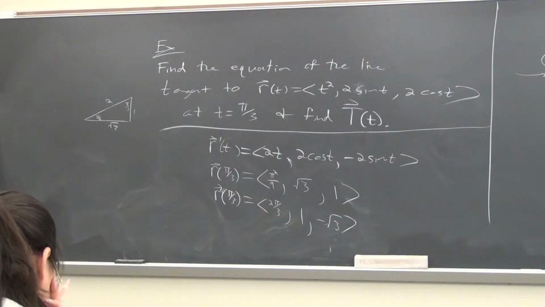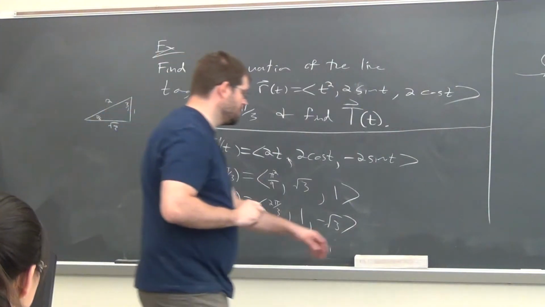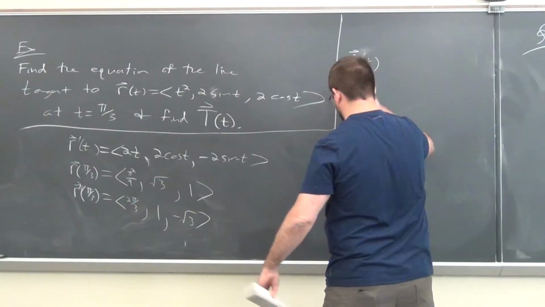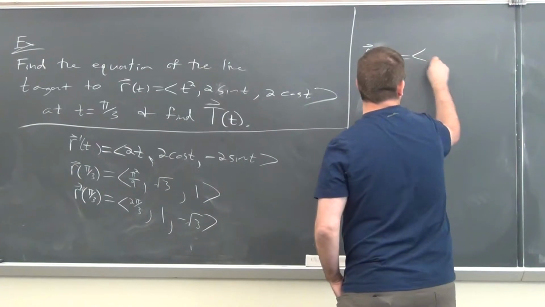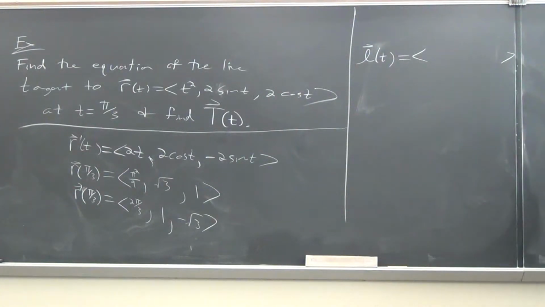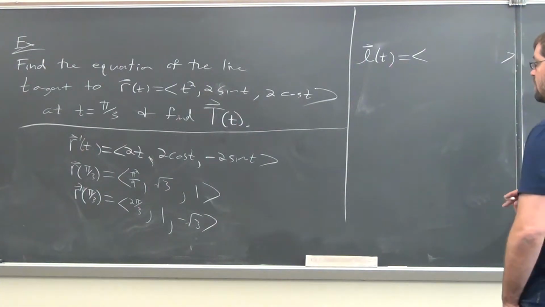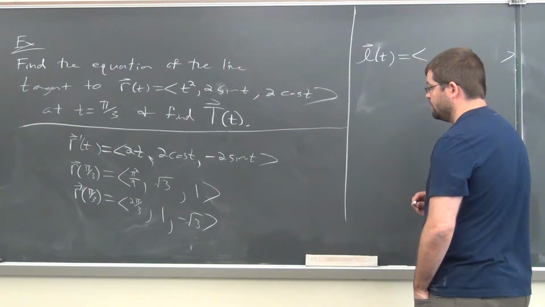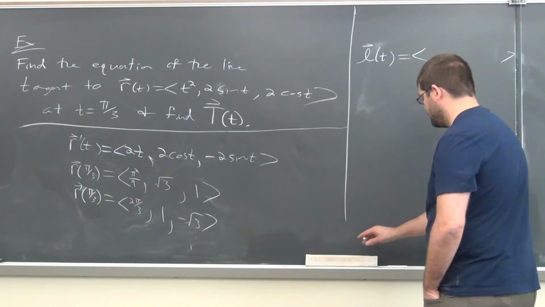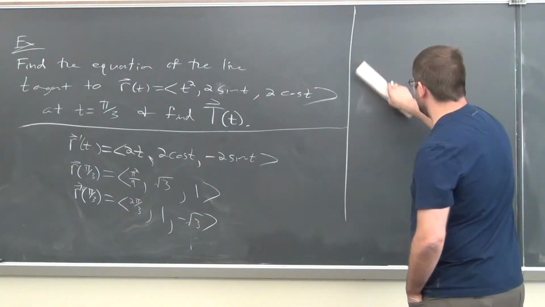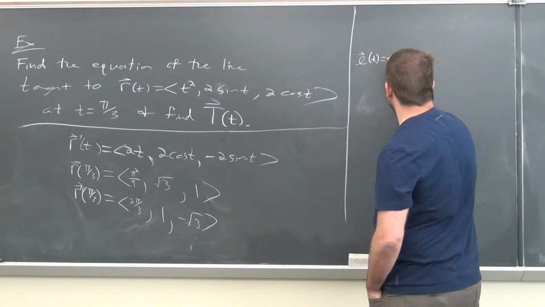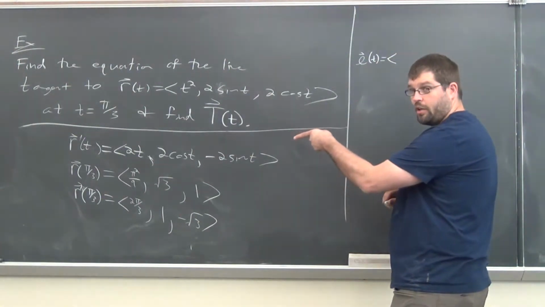Okay. So with that in mind then, what's your tangent line? I'll call it L. So if we do a vector valued function here, equation of line, it's the point plus the direction times t, right? So what does that give us for the x values? We get pi squared over 9, right?